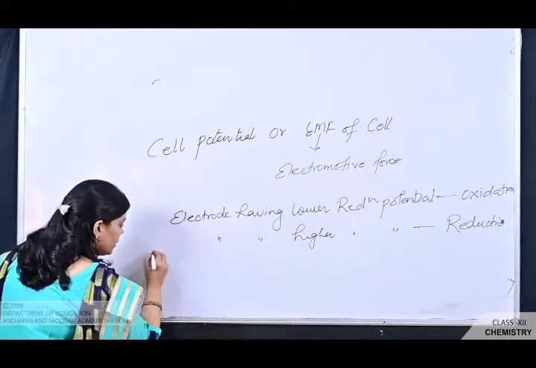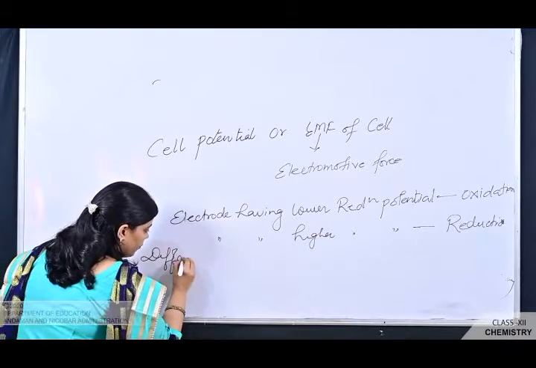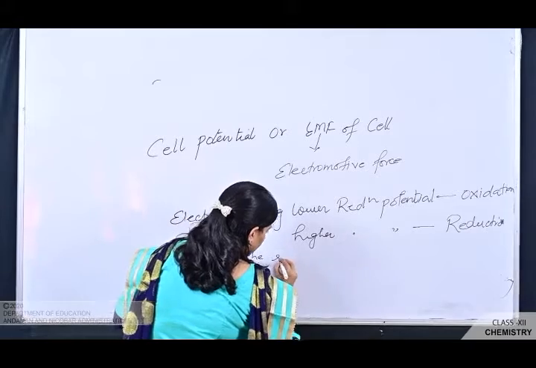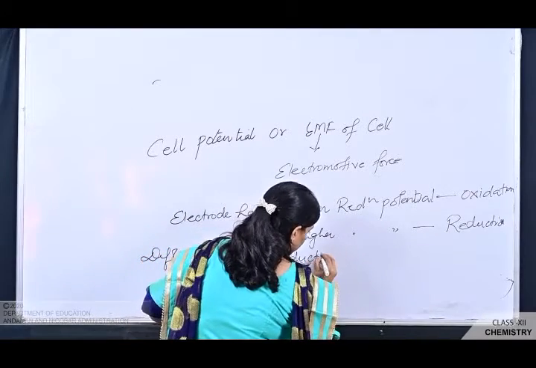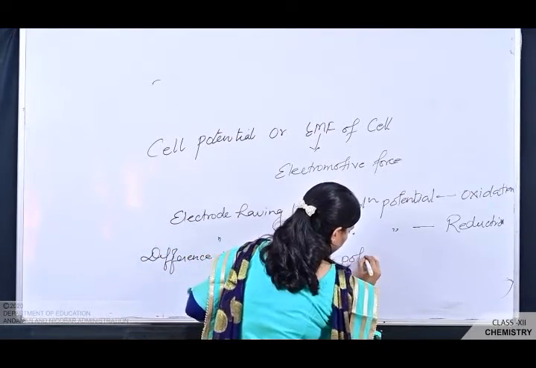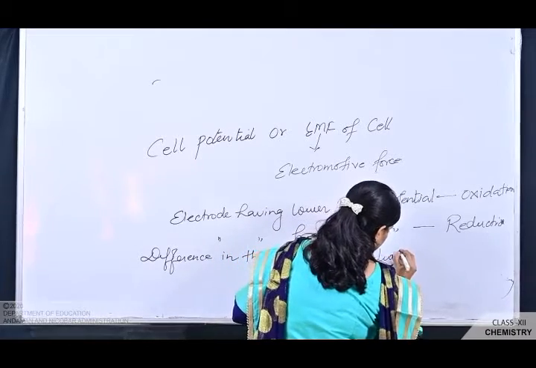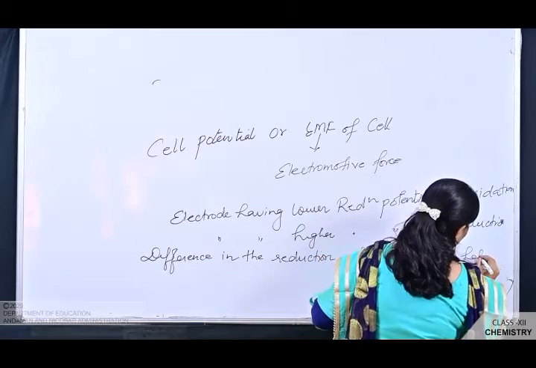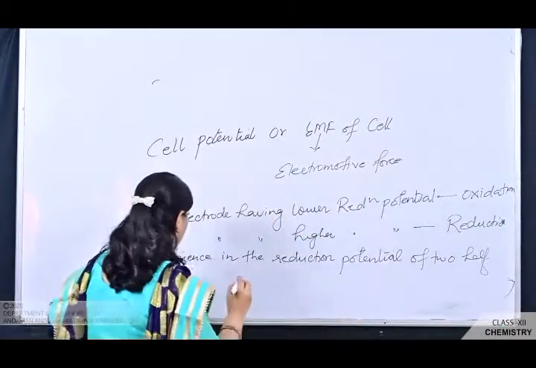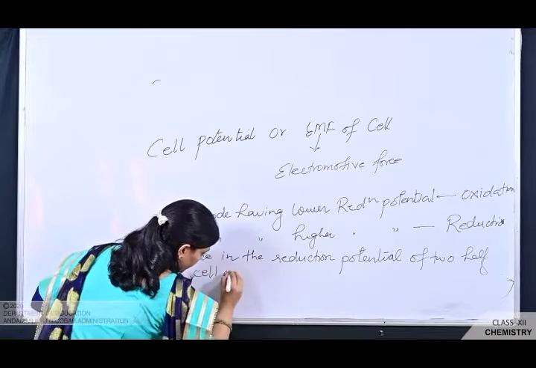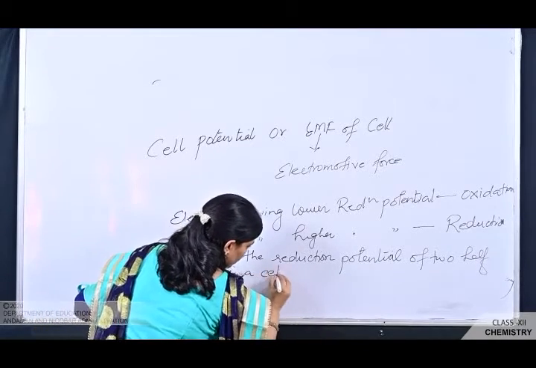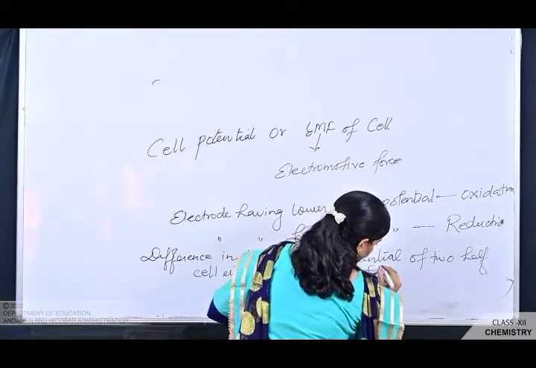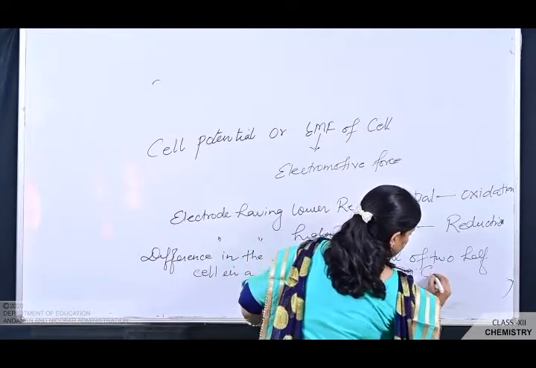So the difference in reduction potential of the two half cells in a cell is called EMF, electromotive force, or cell voltage.